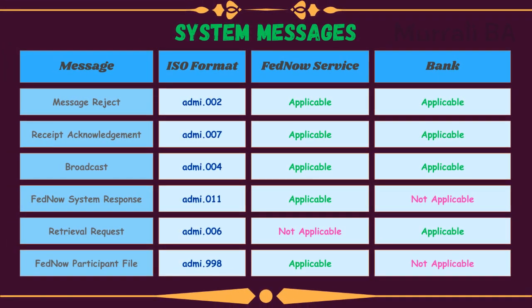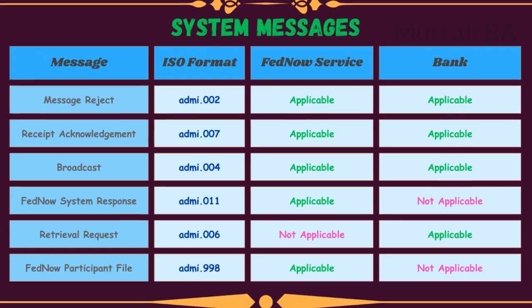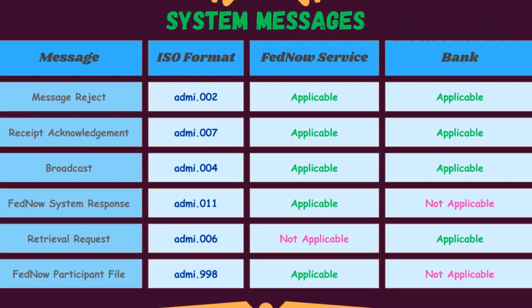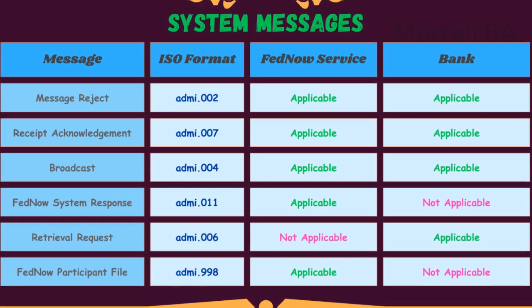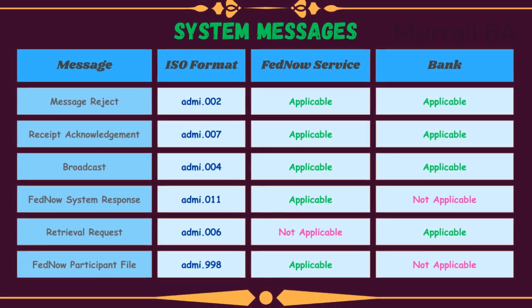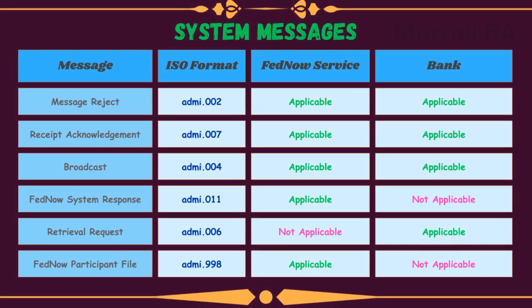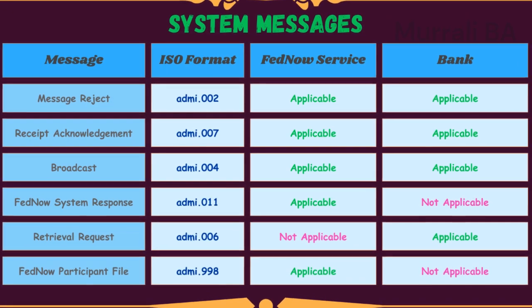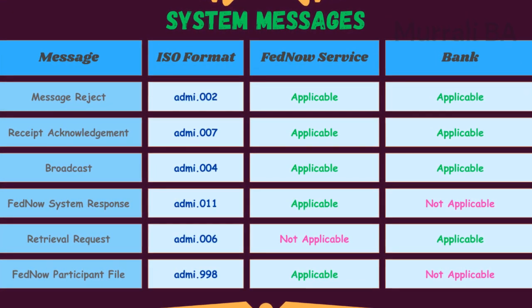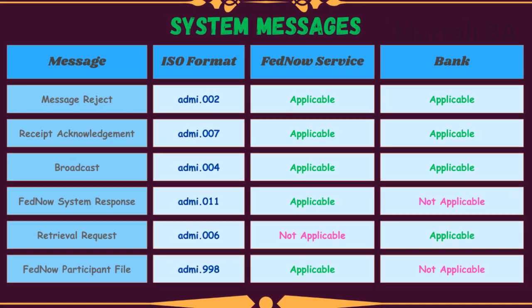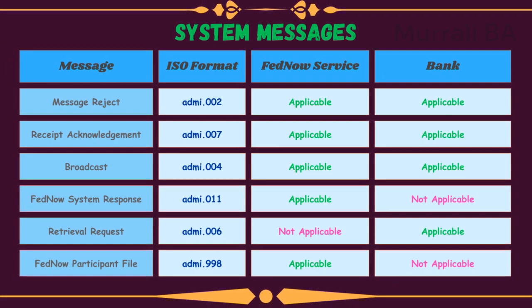The next one is receipt acknowledgement. The format is admin 007 and this is also applicable for both FedNow and bank. And the next one is broadcast messages. This will be communicated using admin 004 and this is also applicable for both FedNow and its banks. The next one is FedNow system response.